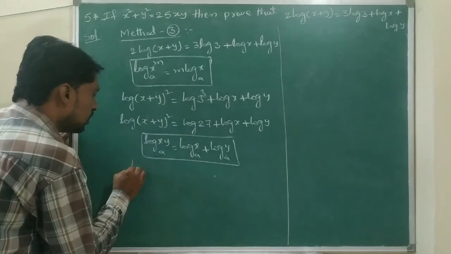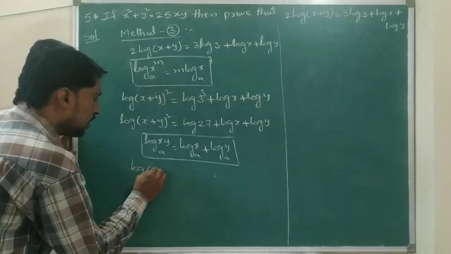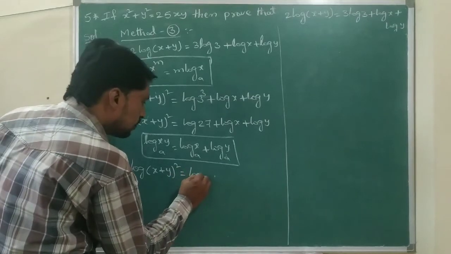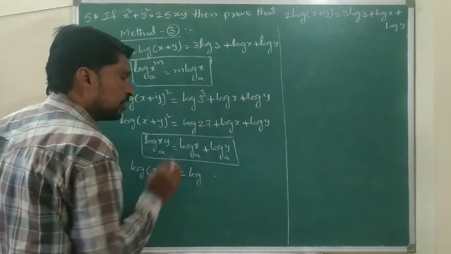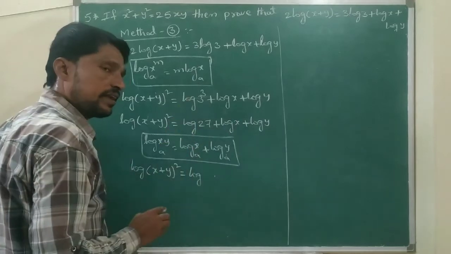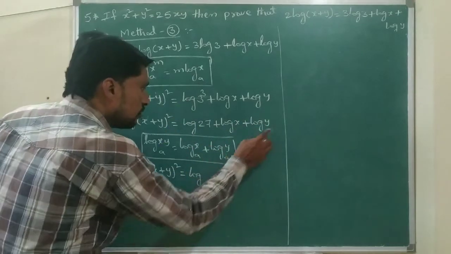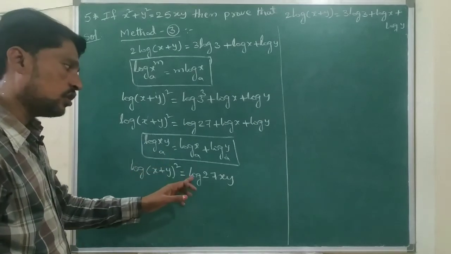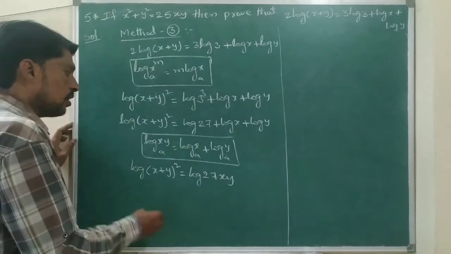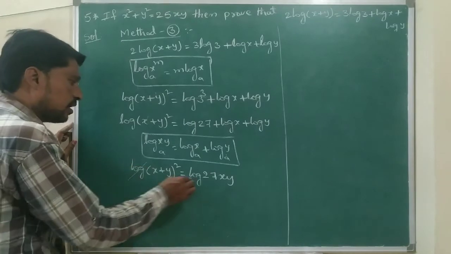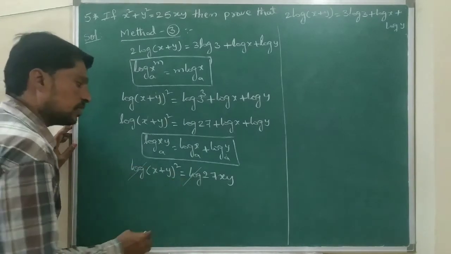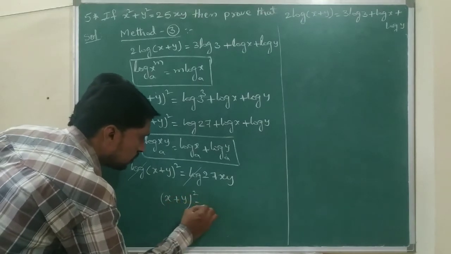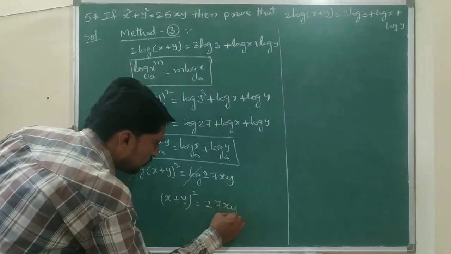So log of x plus y whole square equals log of 27xy. Cancelling the log on both sides, we get x plus y whole square equals 27xy.